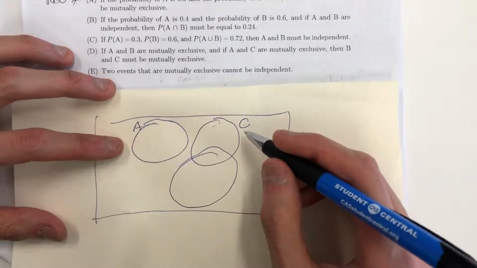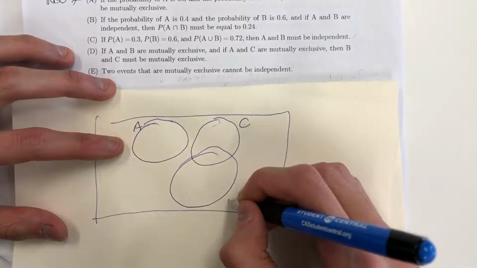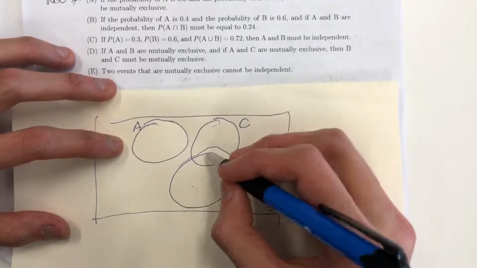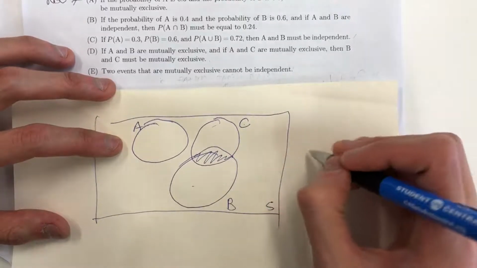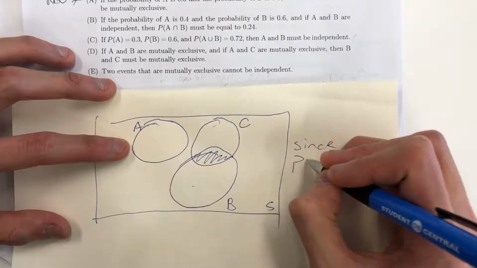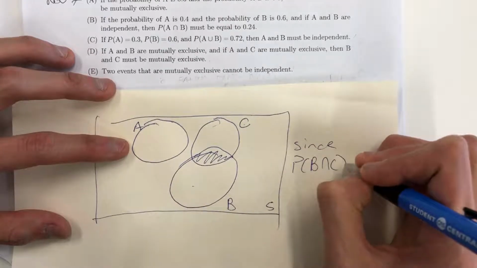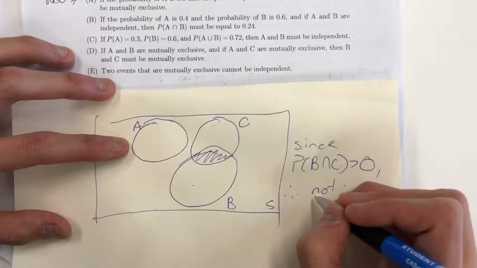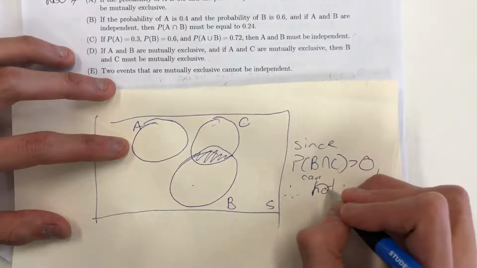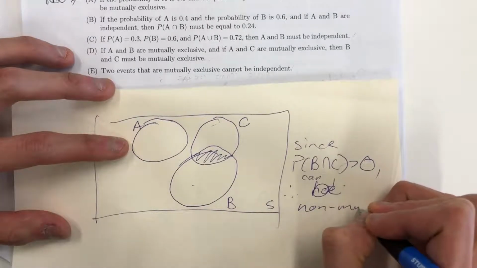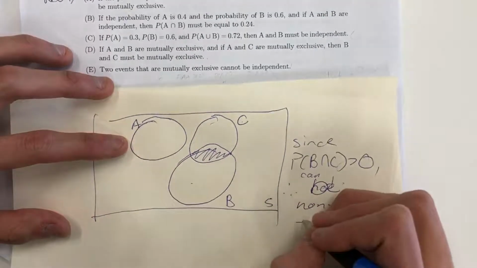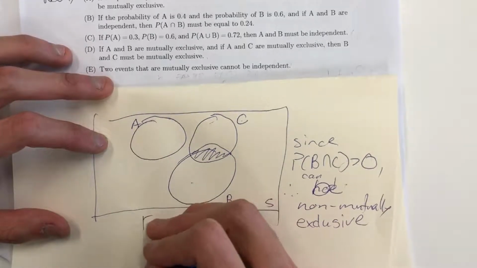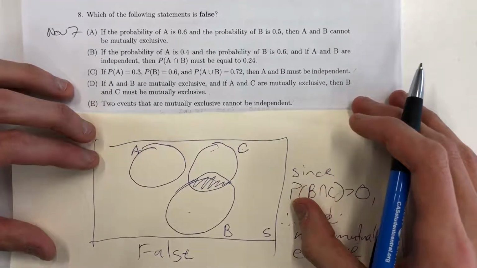So they don't overlap. And A and B are mutually exclusive, so they don't overlap. But B and C can overlap since there's probability here. So since P(B and C) is greater than 0, it can be non-mutually exclusive. So this is false, which leads us to letter choice D.